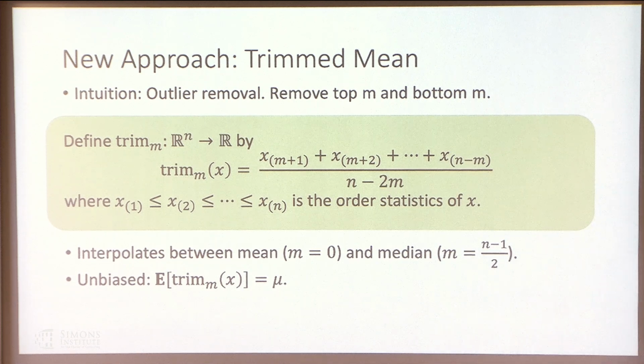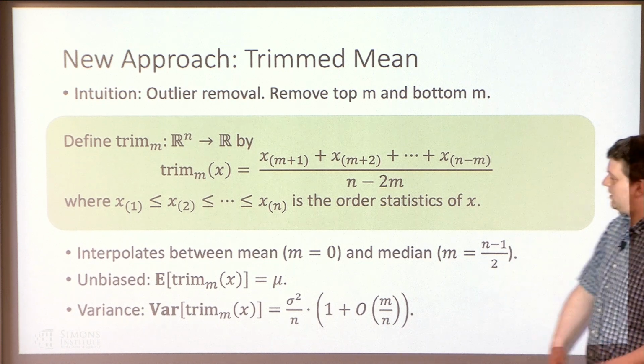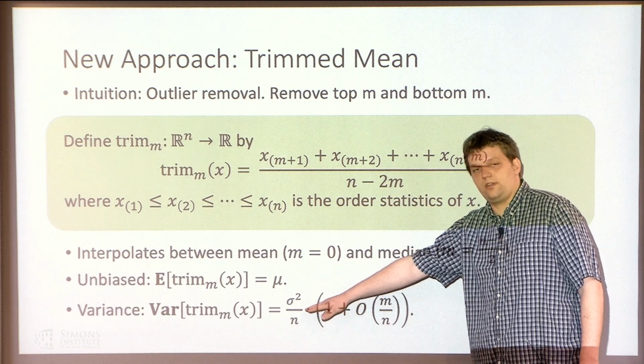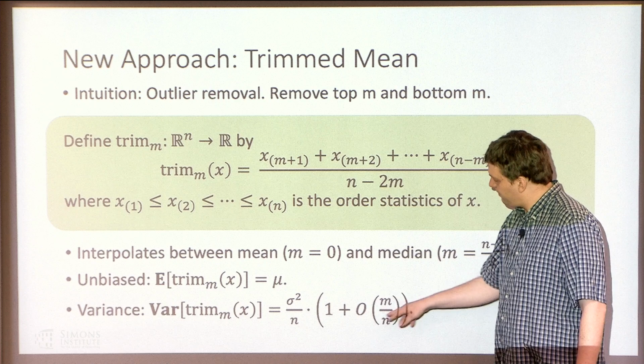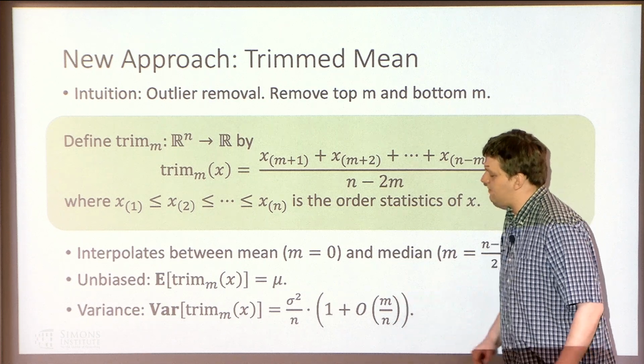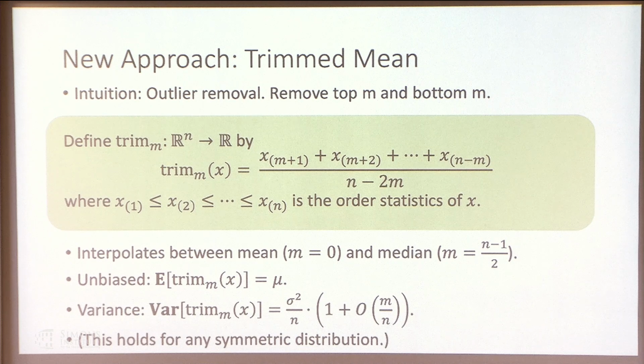As long as you throw off the same amount, it's not going to affect the expectation. And also, it turns out it doesn't increase the variance too much. Basically, you get the variance that you would get with the mean times 1 plus some sort of low order term, if you think of m as being much smaller than n. Both of these are just corollaries of it being a symmetric distribution.